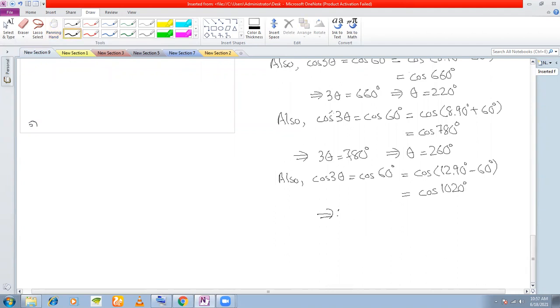That means 3 theta is equal to 1020 degree. That means theta is 340.